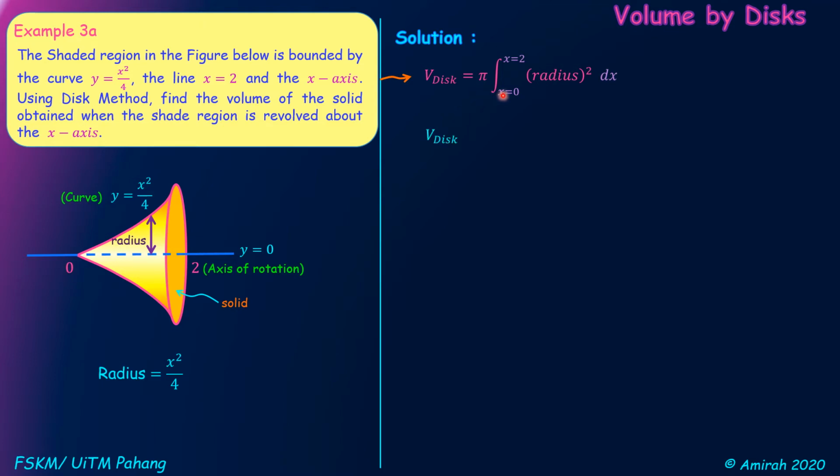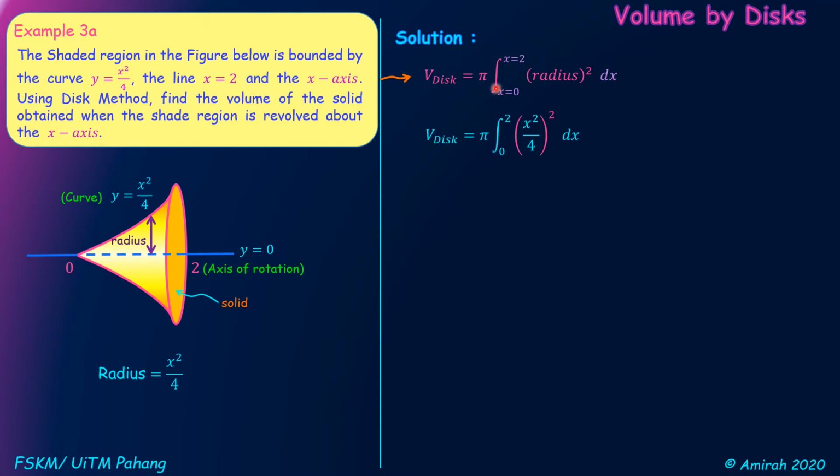The volume equals pi times the integral from lower limit x equals 0 to upper limit x equals 2 of radius squared dx, because the axis of rotation is a horizontal line.